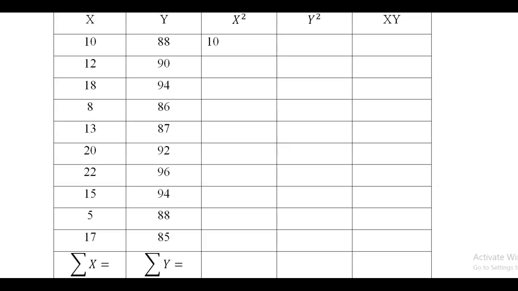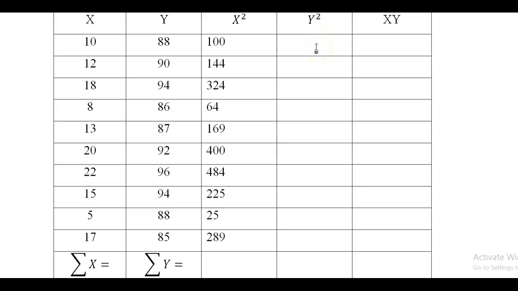So 10 square is 100, then 12 square 144, then 324, 64, 169, 400, 484, 225, 25 and 289. And what about summation y square?